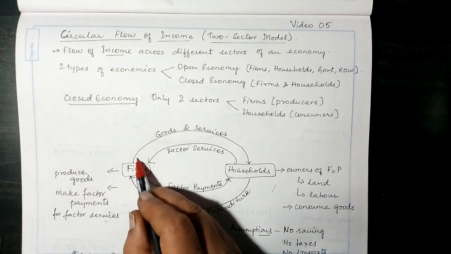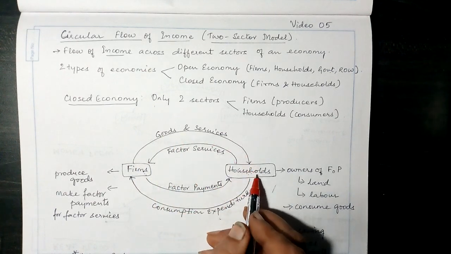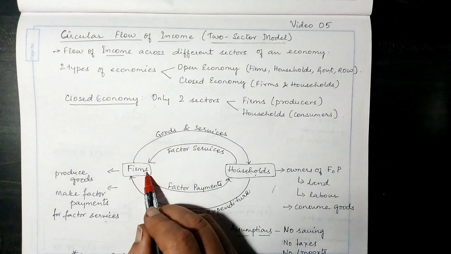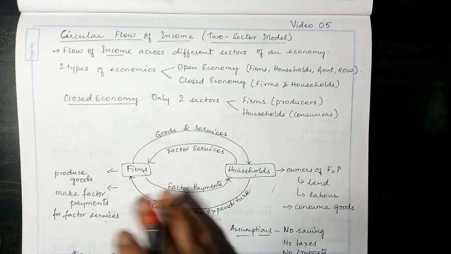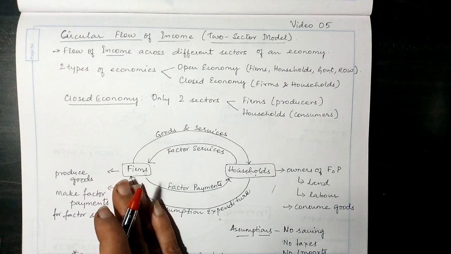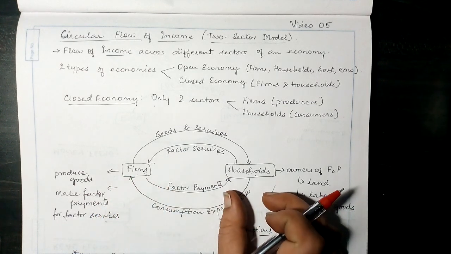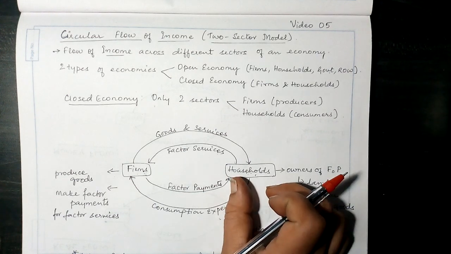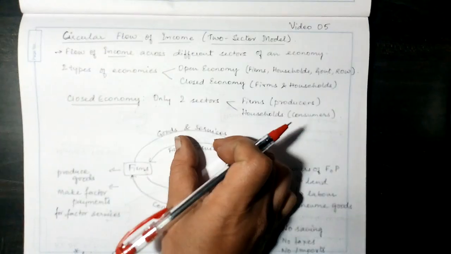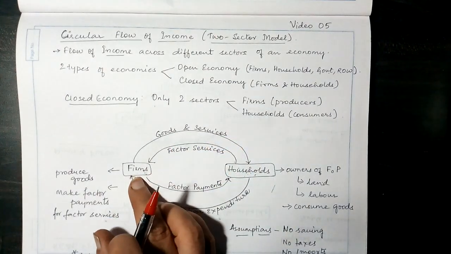Now the firms produce goods and services to satisfy the households' needs. So the firms and the households depend on each other. The firms have a constant demand for the factors of production or factor services from the households, and the households have a continuous demand for goods and services that are produced by the firms.